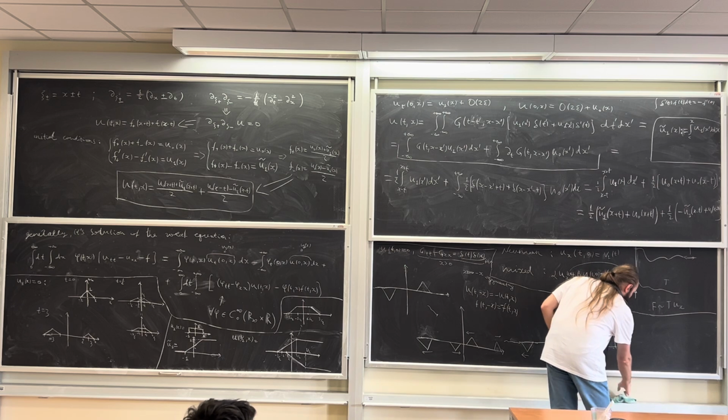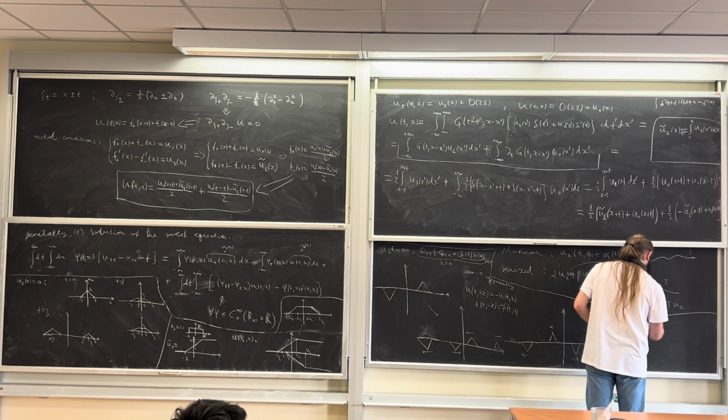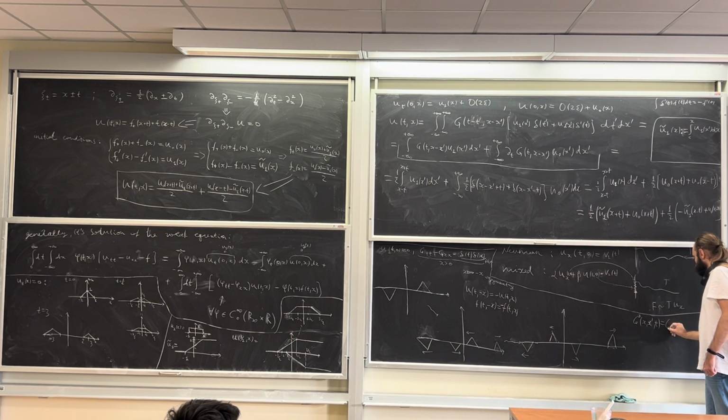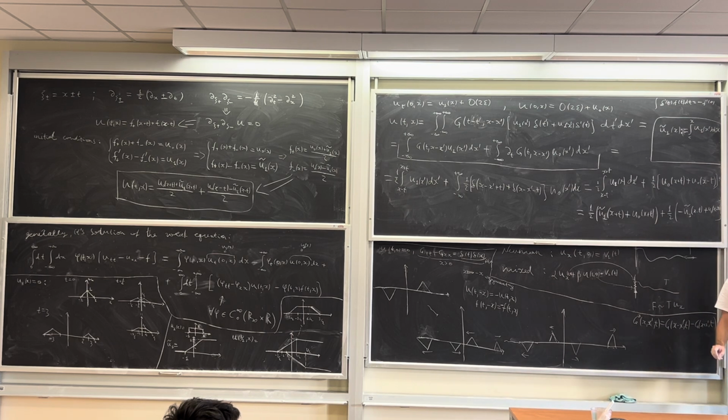Sorry. Hmm? What do you mean? Because before, the Green function was always a function of x and x prime.